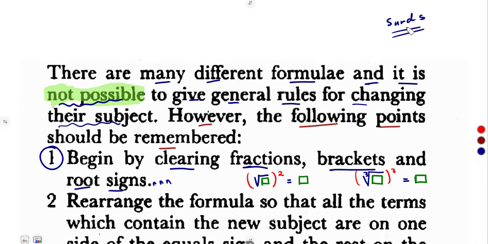You consider those equations where the square root of x, let's say, is equal to 2. So you want to get rid of that square root. You simply raise to the exponent of 2. It is only when you have got a single term under the root sign, it is the square root, the cube root, whatever you have there.